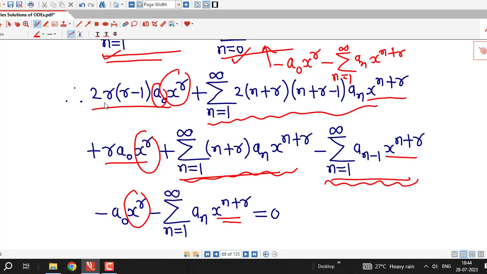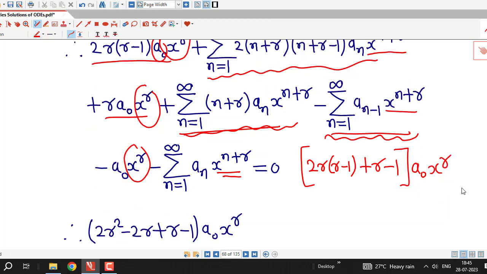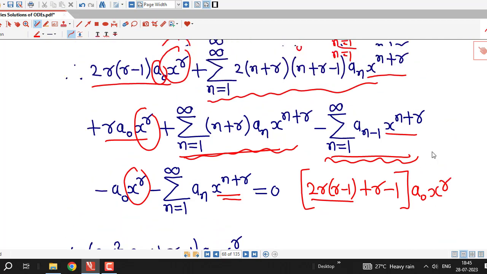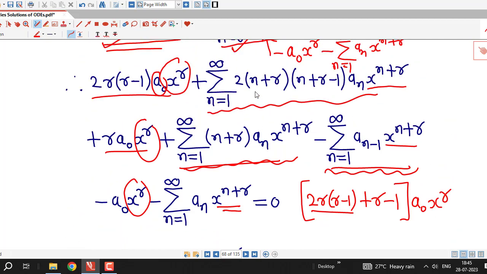If I take a0 x raised to r common, here I will have 2r into r minus 1 a0 x raised to r plus r a0 x raised to r minus 1 into a0 x raised to r. So I have written here, and this 2r into r minus 1, that is 2r square minus 2r plus r minus 1 a0 x raised to r. And I have combined all these summations.